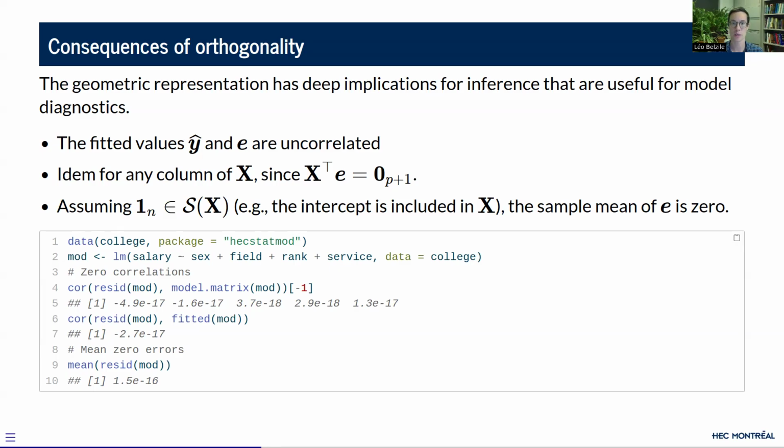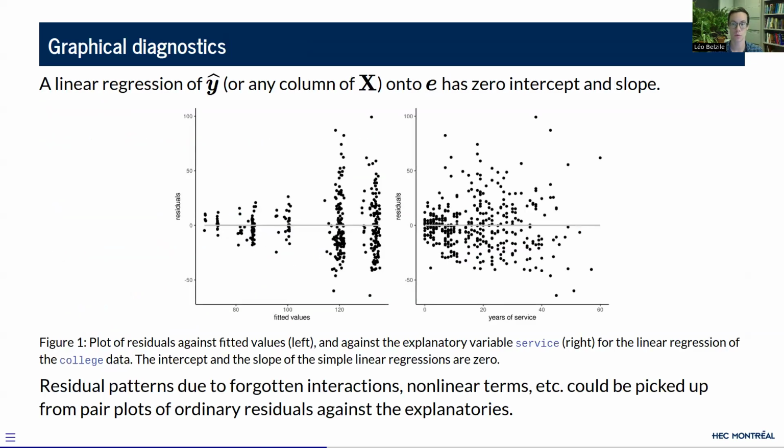It doesn't have to be an intercept because we'll see later, anything that's equivalent generates the same predicted values, and so same orthogonality. So why is this useful? Well, I make plots of the ordinary residuals E against fitted values or columns of X. So here I'm taking years of service, and I fit a simple linear regression.